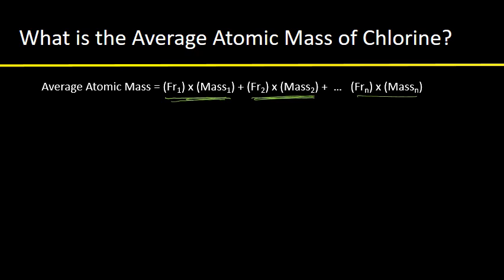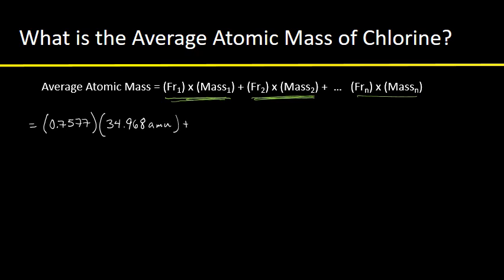Right. So our first isotope is chlorine 35, and that was, what was it? It was 75.77%. So we'll write that in as a decimal number, 0.7577. That's the isotopic abundance. And then we'll multiply it by the mass, which is 34.968 atomic mass units.